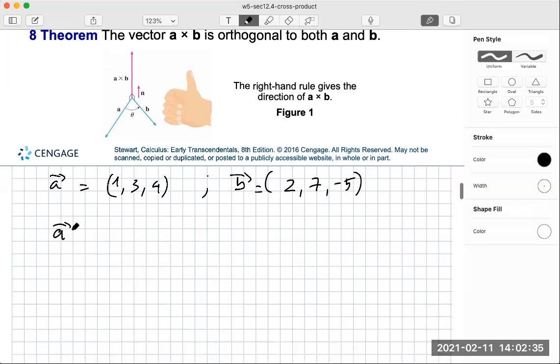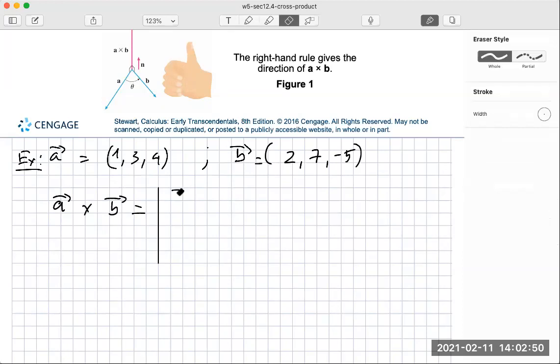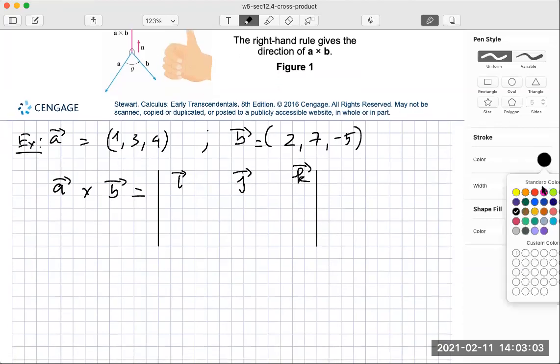What is A cross B? So it's easy, right? Just follow the definition, the rules here. If we write it this way, it will be vector i, vector j, vector k like this, right? And remember, the order is very important.